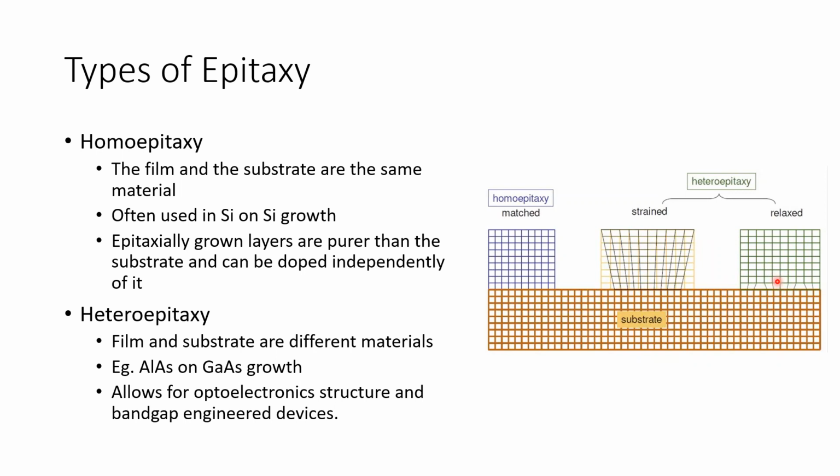A good example is aluminum oxide on top of gallium arsenide substrate. This is especially important for III-V device, compound semiconductor device fabrication. This is the main reason, because we want band engineering, and for optoelectronic devices.